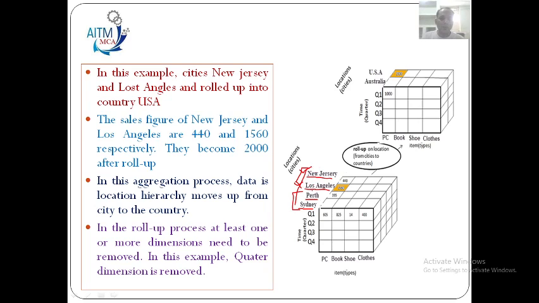New Jersey and Los Angeles belong to the USA, and this is Australia. There were 4 rows, and now those 4 rows are reduced into 2 rows. So we reduce the dimensions. After reducing, this represents USA and this represents Australia.